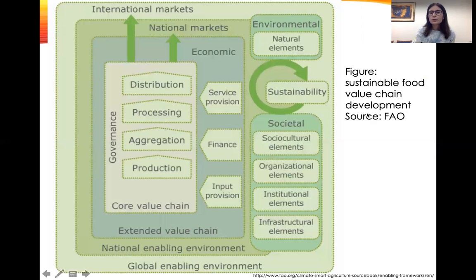And to look at the similar thing, we just looked at food systems. We weren't worried too much about sustainable food systems that would think about the environment. So this is basically broadening up the same thing, looking at the value chain within the smaller economy, but also diversifying it to the national market, and then eventually to the international market.